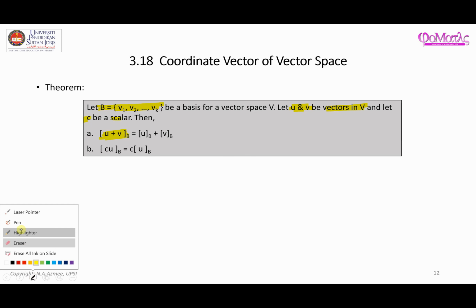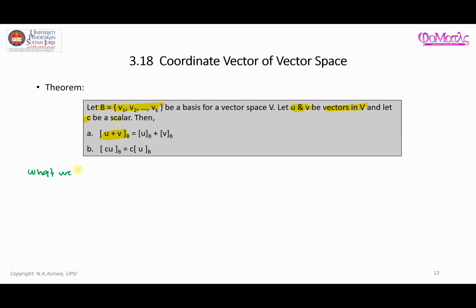Remember what we have done so far is we have a basis and we have vector v. Based on this, we combine b and v together.